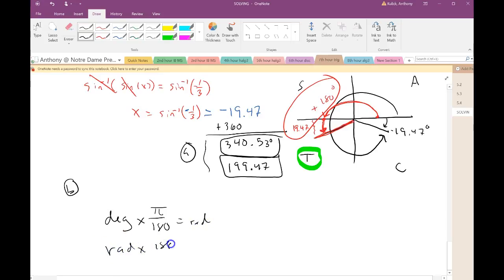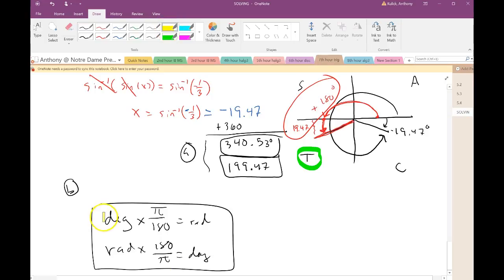So our two conversions are these. The one that I'm going to use, though, is this first one, where I start in degrees and I end with radians. Everybody happy with that?